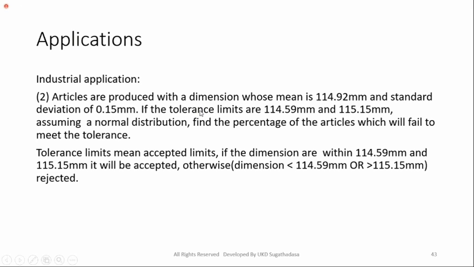What do the tolerance limits mean? If you take any item from the production line and measure the dimension, whether diameter or length or whatever, doesn't matter, assume dimension. If the dimension is within this particular range, 114.59 to 115.15, then we'll accept.